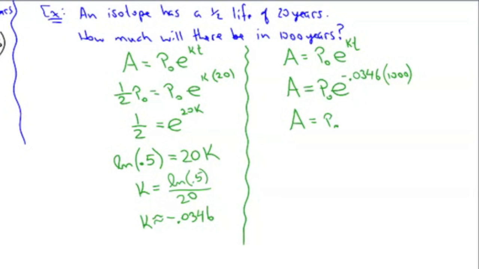And then calculator time. We go with e to the negative 0.0346 times 1,000, parentheses, equals. Woohoo! It has a negative 16 power.